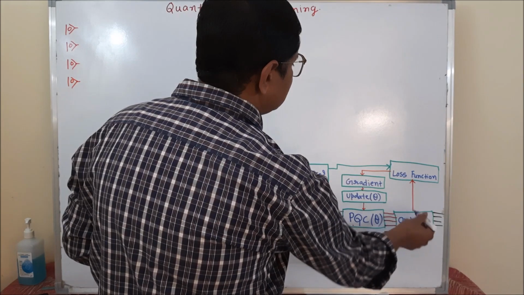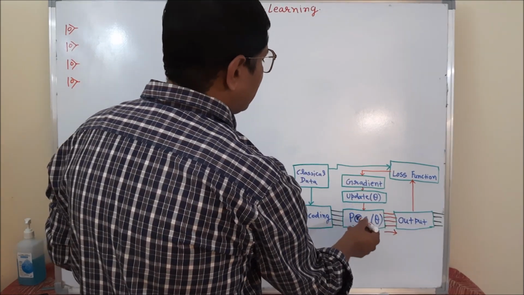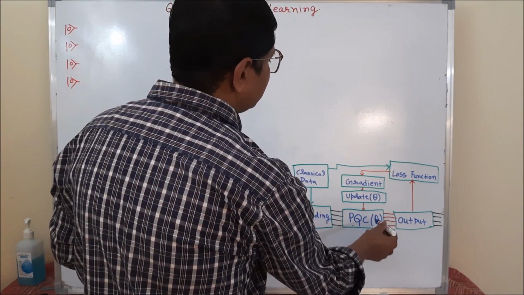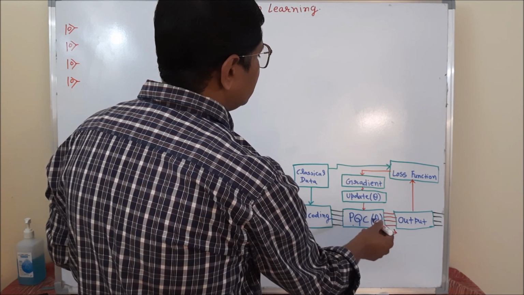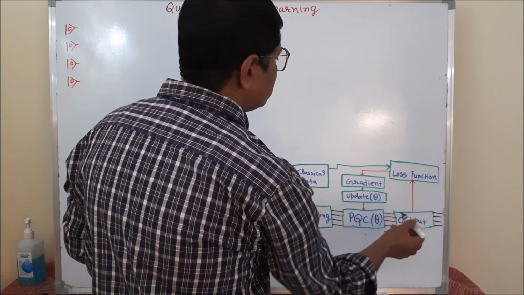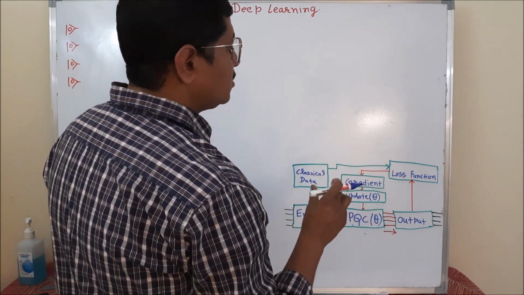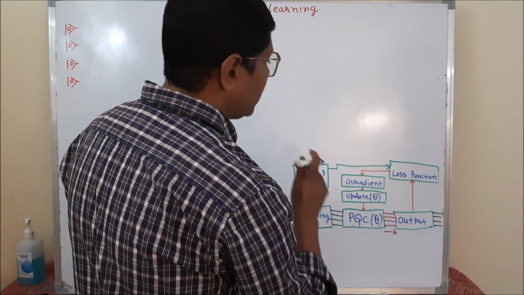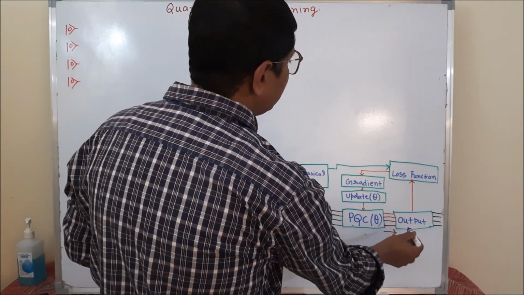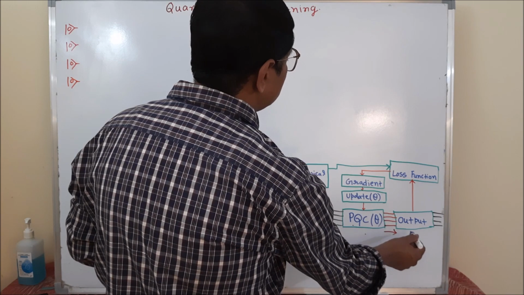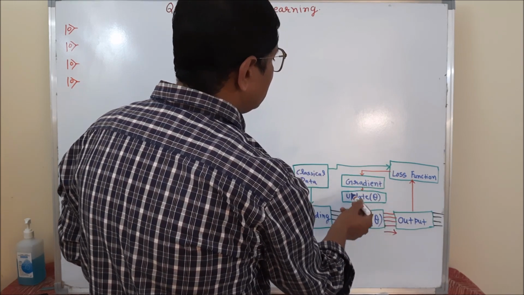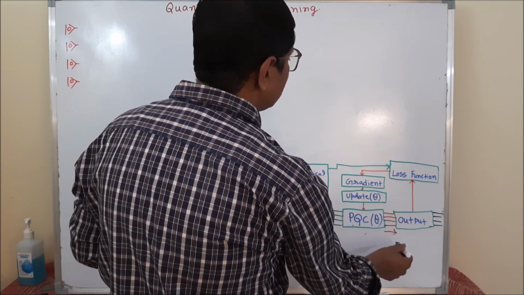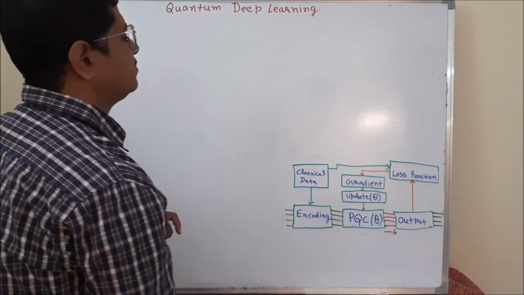The next phase is the output. The parameterized quantum circuit generates the output, and the nature of the output is stochastic. That's why we can use that output to generate the epochs like we use in the classical deep learning architecture.